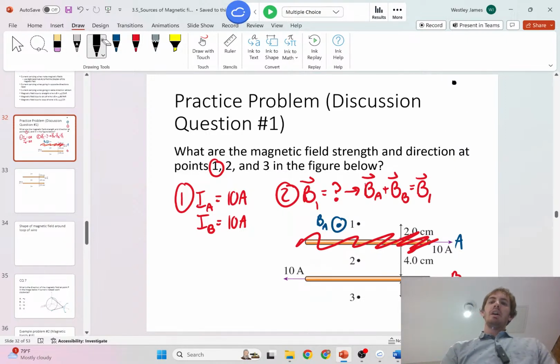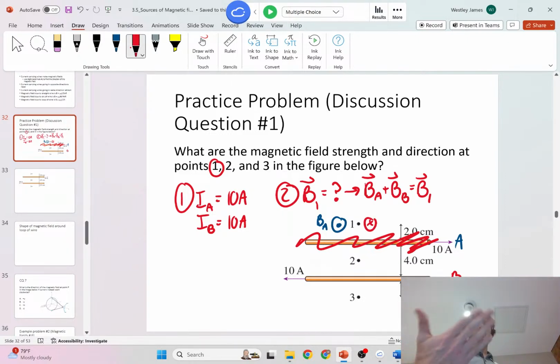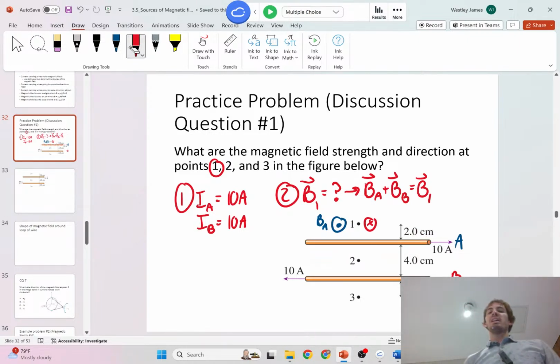All right. So wire B makes a magnetic field that is, fingers to the right, or thumb to the right, fingers up, sorry, into the page. So to that end, I told you I added them, but what is this actually going to turn into? First, you will have to define what's positive and negative. It doesn't matter what you pick. I'm going to say out of the page is positive and into the page is negative. Pick what you want, just know what you define.